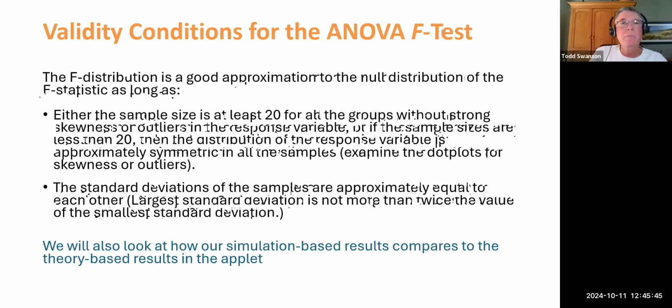And then the variability should be about the same. What's typically used is that the largest standard deviation should be not more than twice the smallest. We're going to look at that, but we're also going to look at what our simulation-based result was. Does that match up with the theory-based result? That also shows whether there could be a good fit or not.